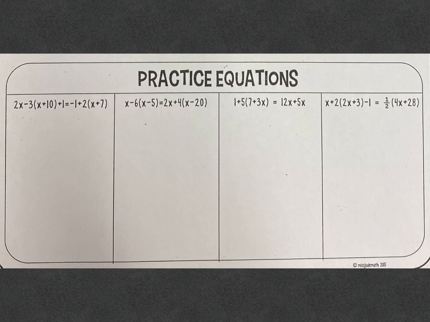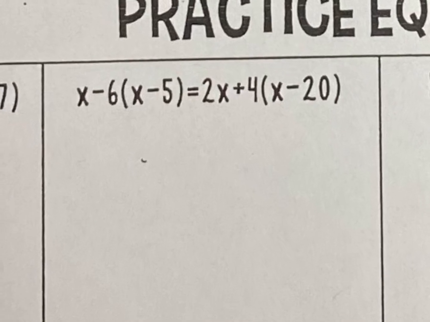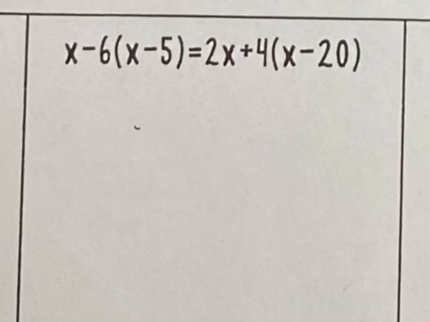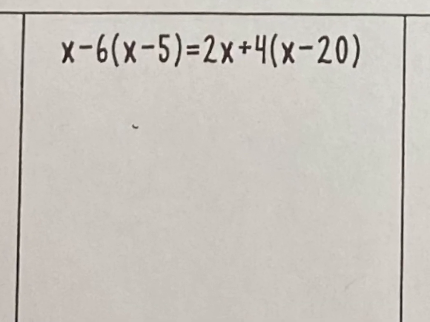Okay, next, problem 2. So this one right here. And again, we are distributing a negative number, or if we did keep, change, change, we're making that be a -6. Same thing if we did that right here. Add the opposite.